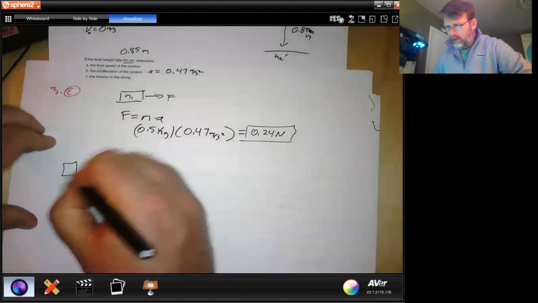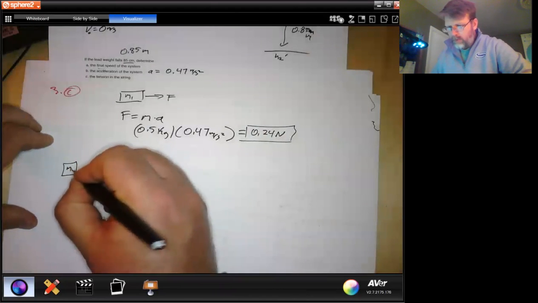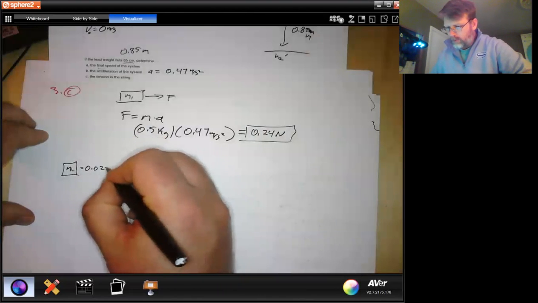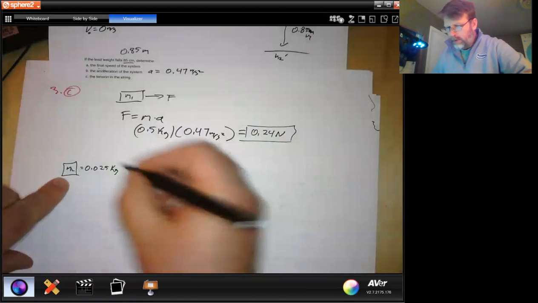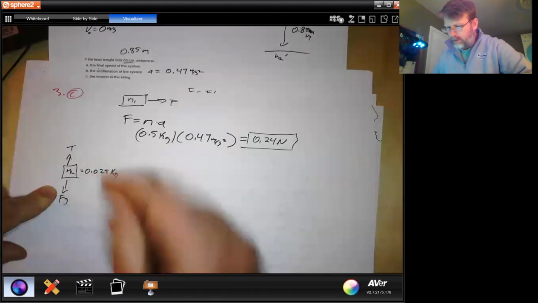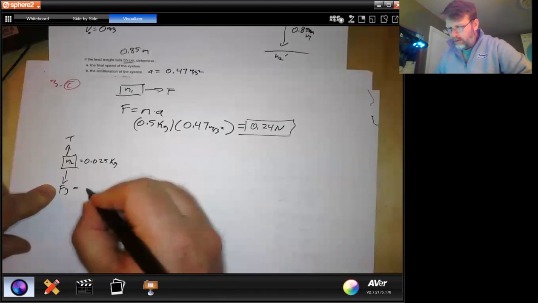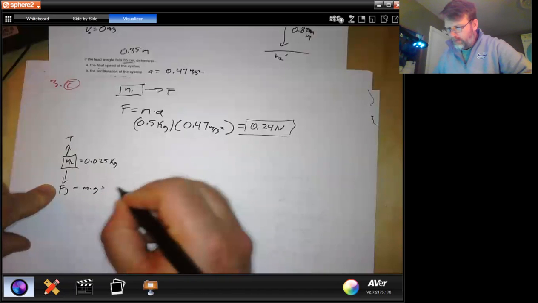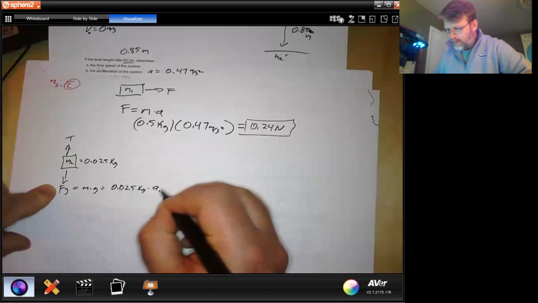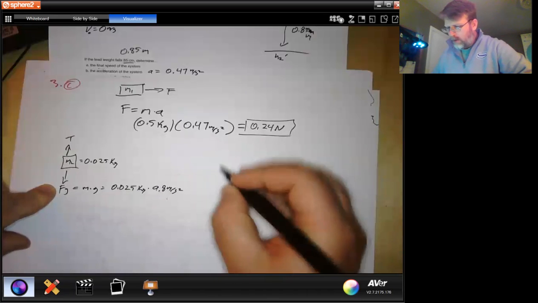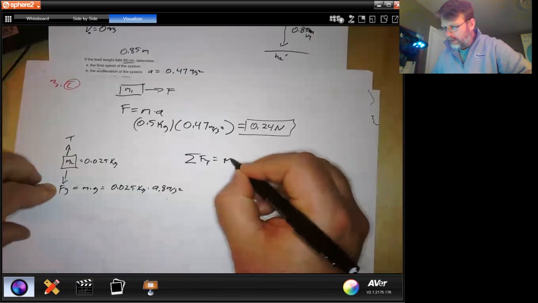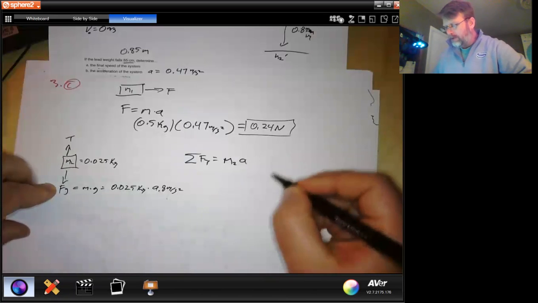So while we're here, we can also look at other ways to solve this. We could have also looked at that M2. Remember that was equal to 0.025 kilograms. And then we had tension here and the force of gravity there. So the sum of our forces in the y would also equal mass times acceleration.